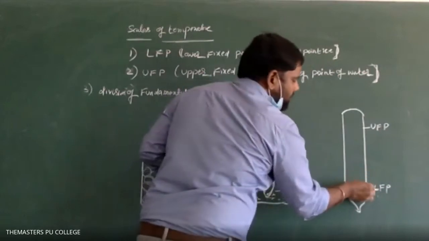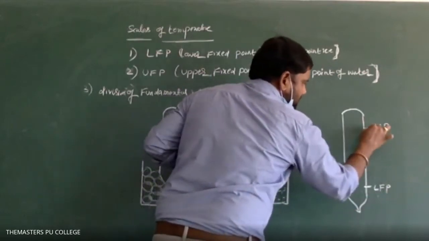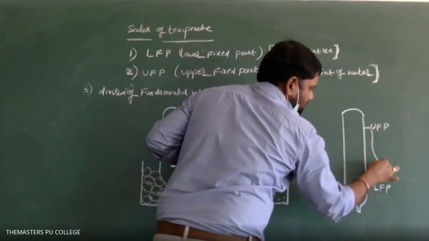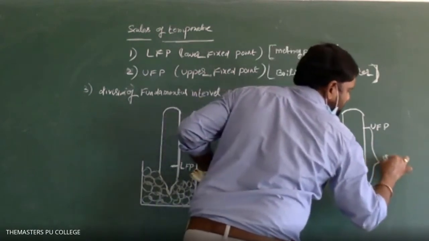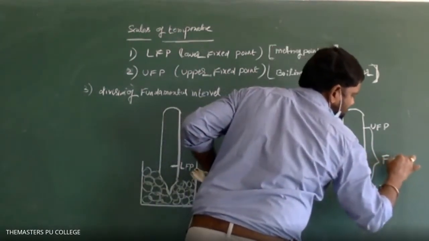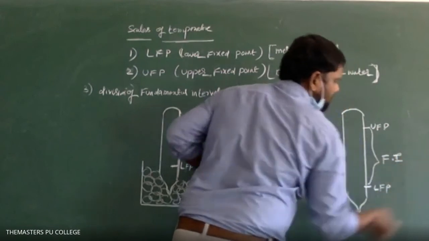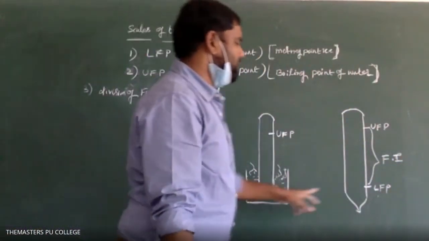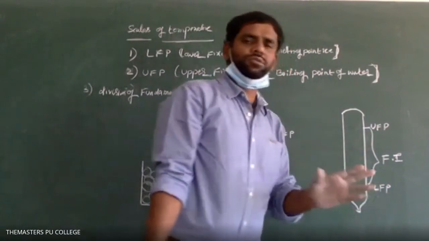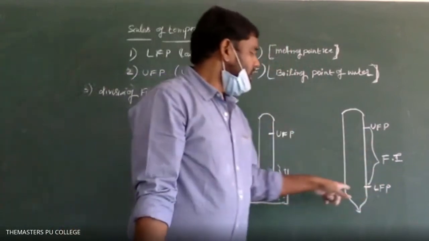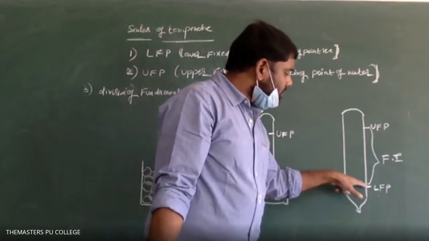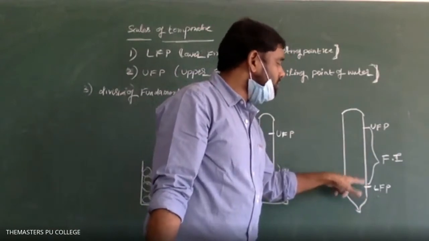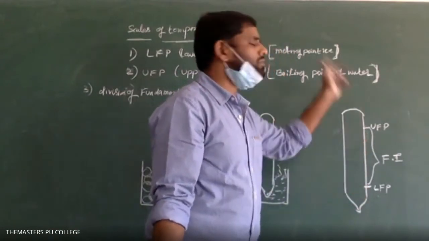The gap between this UFP and LFP is known as the fundamental interval. So FI, we can also write, is the fundamental interval. Division of the fundamental interval means how many divisions you would like to split it into; you can decide that. But the gap between the first and second division must be equal to the gap between the last and last-but-one division.